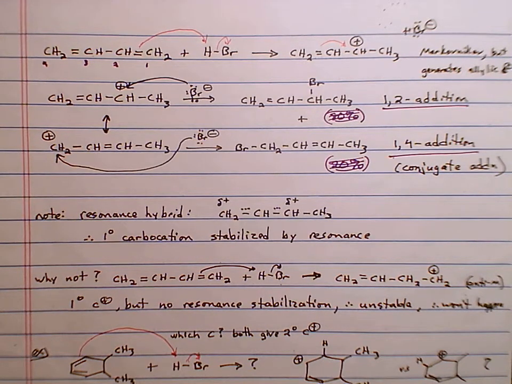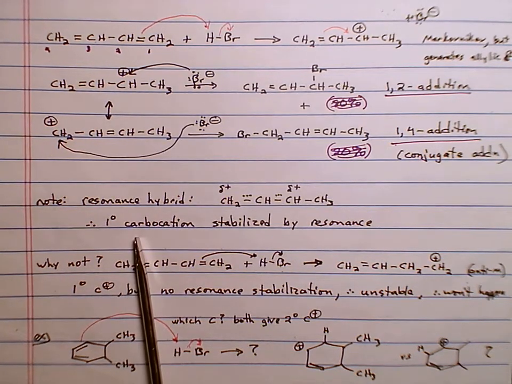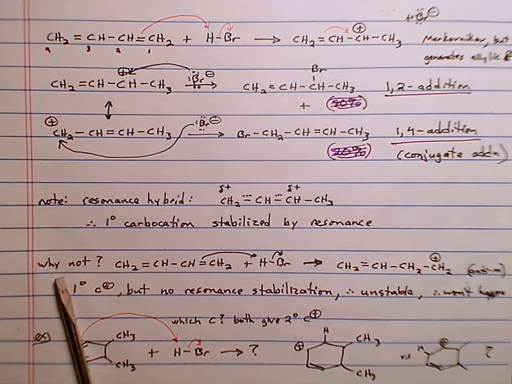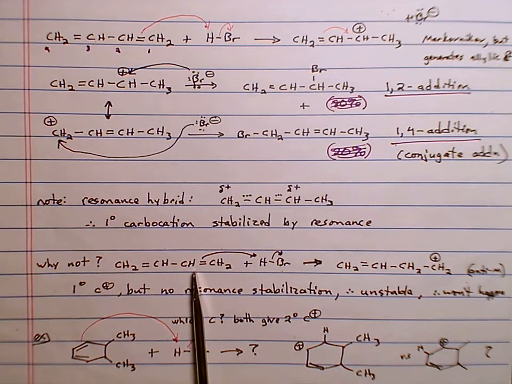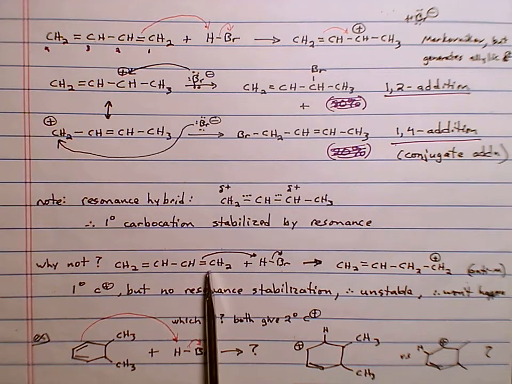Okay. All right. So as we continue on, why not this? Why not anti-Markovnikov? When the double bond attacks this hydrogen right here, why doesn't this carbon get the hydrogen and this one become the carbocation?